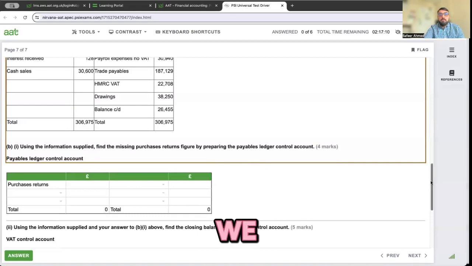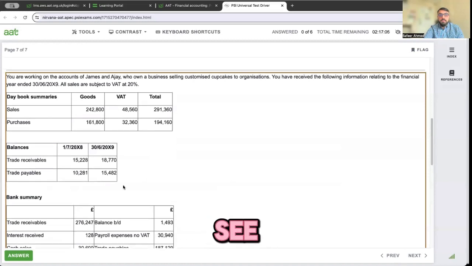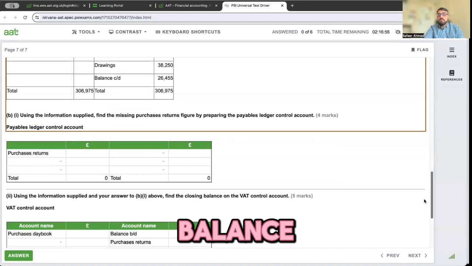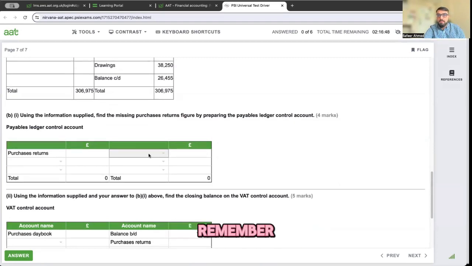So what we have been given, first of all, let's have a look. As you can see, for trade payables we've been given the opening and closing balance. So we'll be recording that first. Now the opening balance, which is the balance brought down for the purchase ledger control account, goes on the credit side. Why? Because it's a liability account, remember?